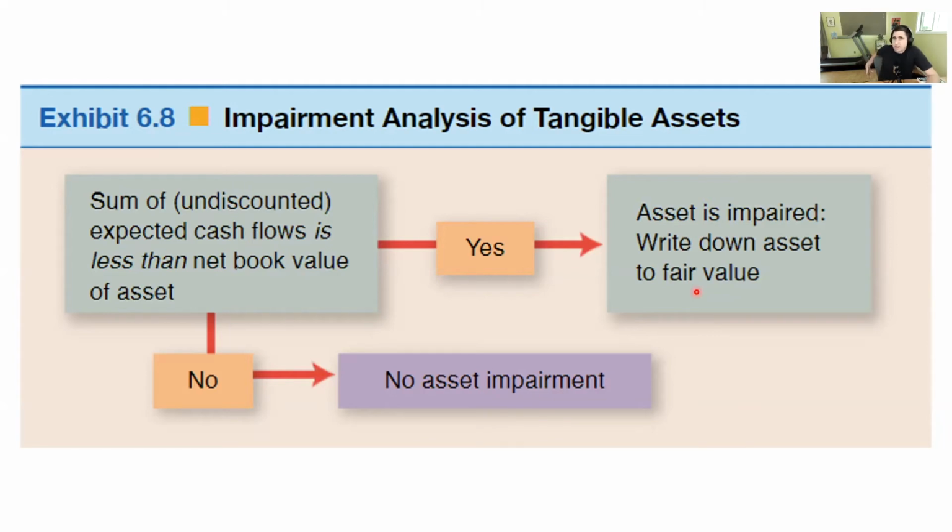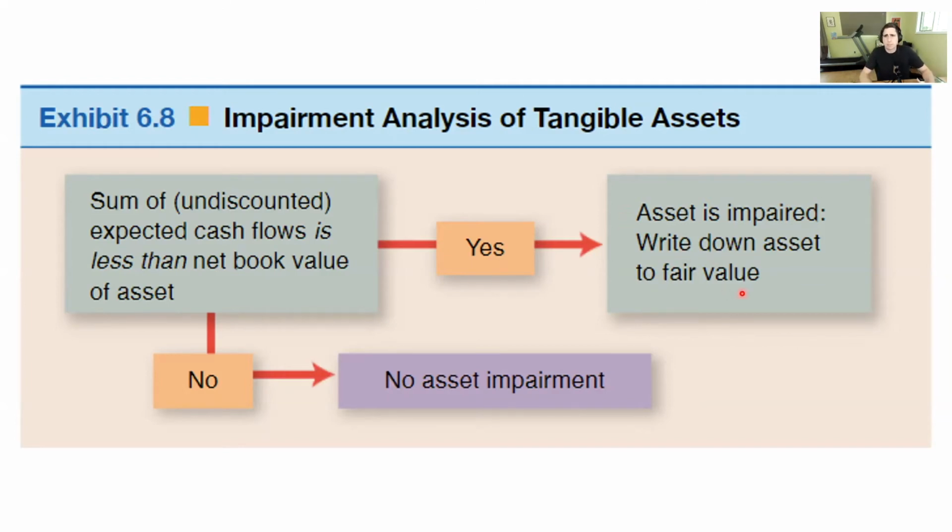It's somewhere less than $500, okay? So $500 in the future is worth less than $500 today. And so whatever it's worth today is the asset's fair value. And what you would do if you proceed to step two here is you would write down the book value of the asset to its fair value. That would be an impairment.